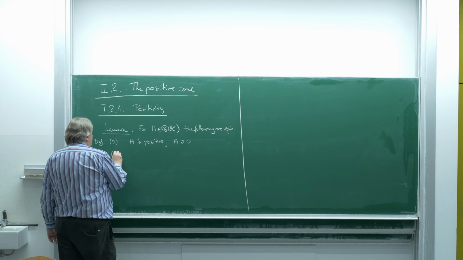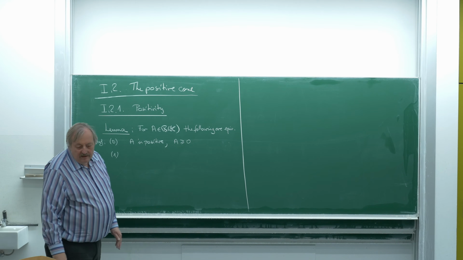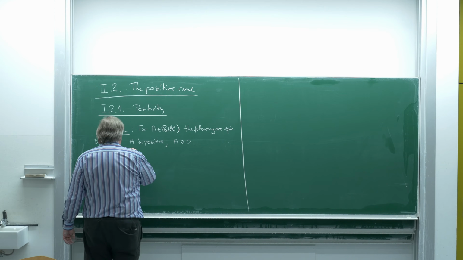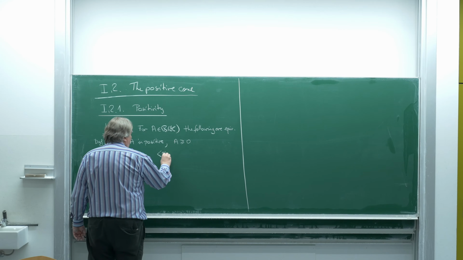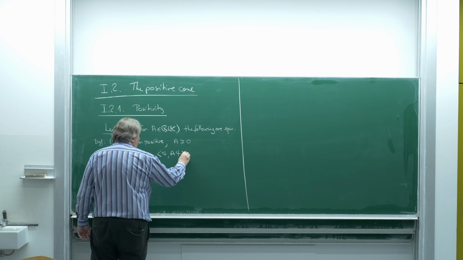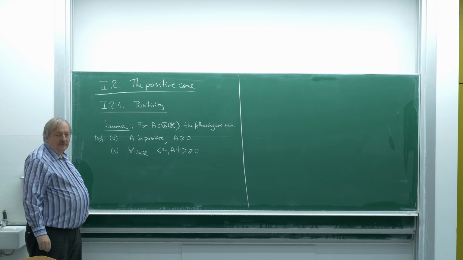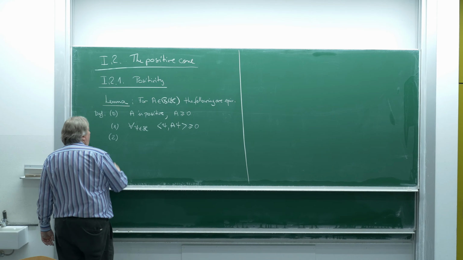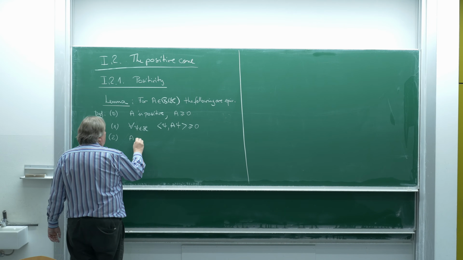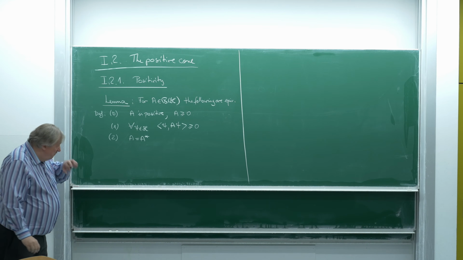So this is the definition part. Now, there are different ways of defining that. So the first is that for all vectors psi, ⟨psi, A psi⟩, so this diagonal expectation value, if you wish, is positive. The second is that A is Hermitian, so A is equal to its adjoint, self-adjoint.